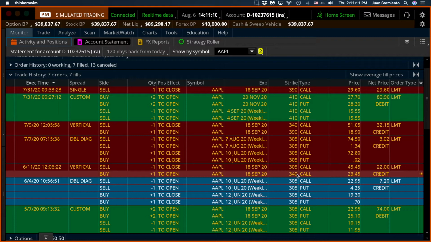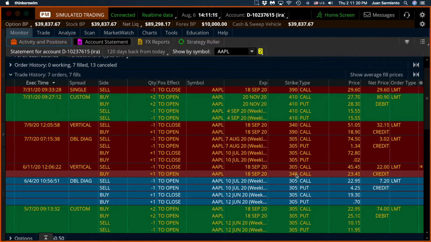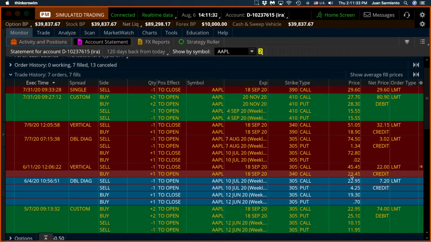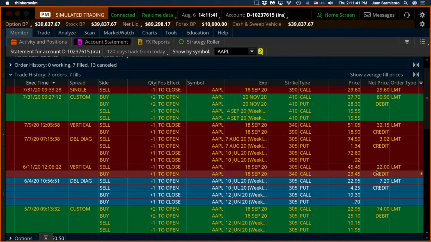Why did I do that? Well, if the stock has moved substantially from 305, the strike price that I entered it, to 304, well, then the 305 is worth $45 a share, which, multiplied by 100, is $4,545. But the higher strike price has a lower price, and so we are entering this roll up.